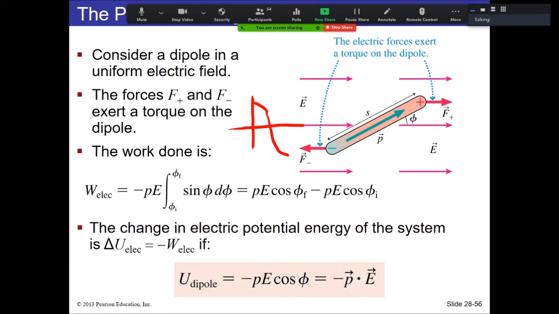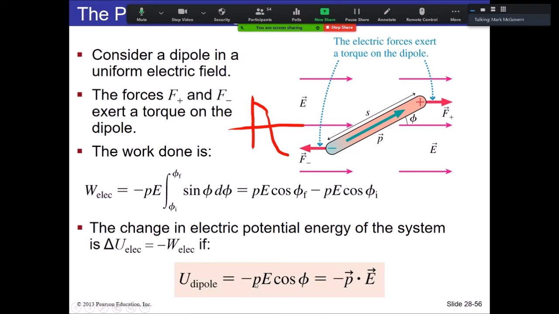As we rotate this thing, if we have it upright, then it's at 90 degrees, and we say that the energy is 0 at that point. And then as we rotate this all the way around so that the dipole moment vector points opposite the electric field, then we have a bunch of positive potential energy. This is the cosine function, and there's a negative in front here.